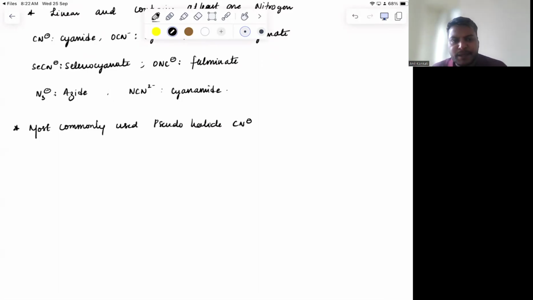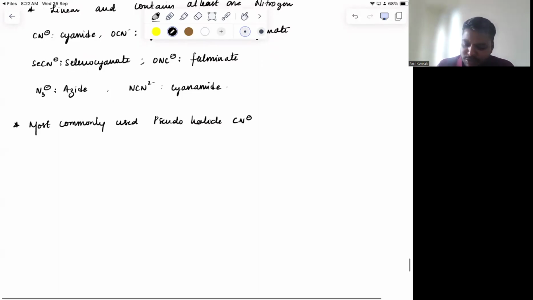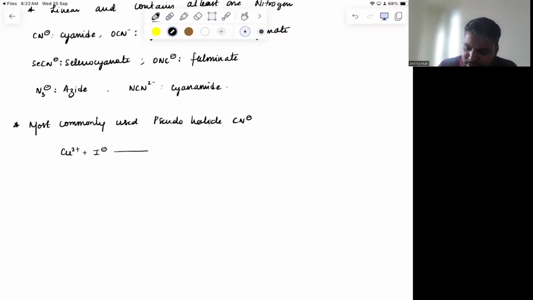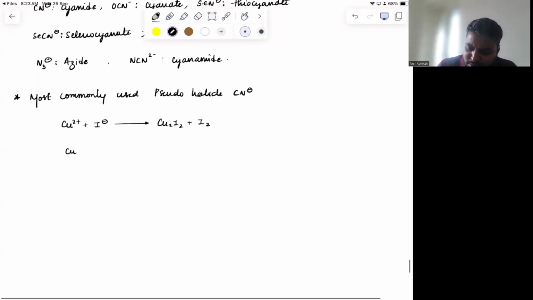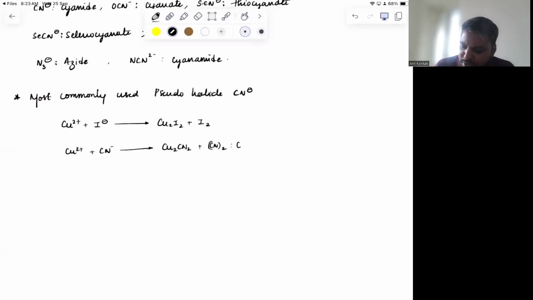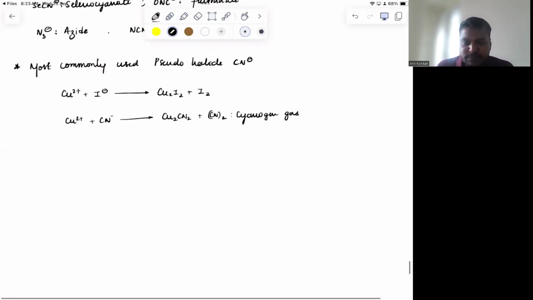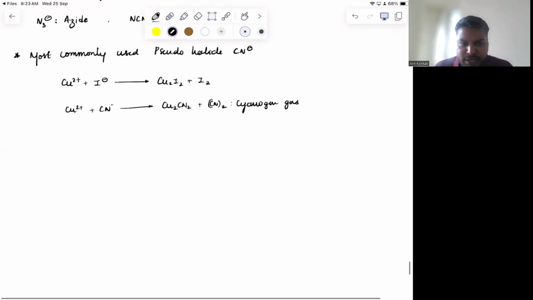Got it? In fact, if you notice some reactions also, suppose you take Cu2 plus with I minus, then we get Cu2I2 plus I2, and Cu2 plus with CN minus will form Cu2(CN)2 plus (CN)2. (CN)2 is called cyanogen gas. Got it? This is one way of reacting.